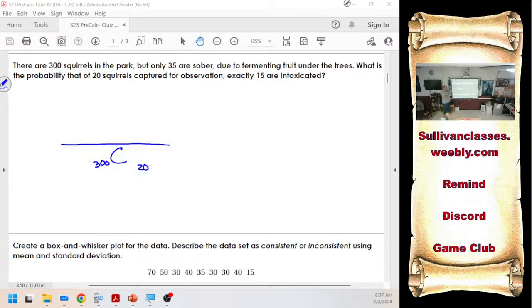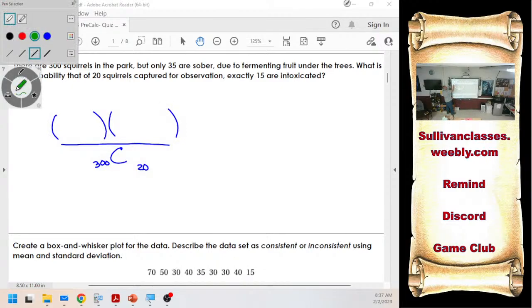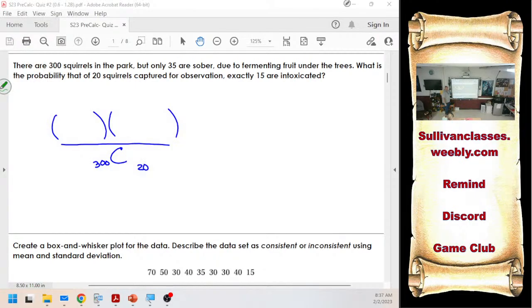My two categories are, what kind of squirrels are we looking at? Drunk squirrels and sober squirrels. There are 35 sober ones. How many of those am I going to get? How do you arrive at that number?